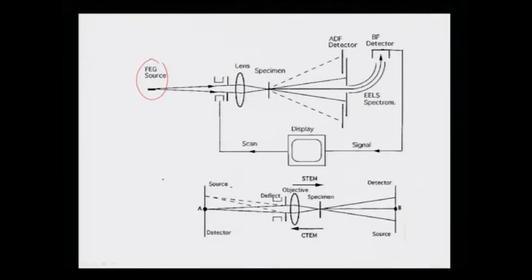Now, one can use different detectors below this specimen to obtain images using either the transmitted beam or the diffracted beam. So, that is basically the idea.